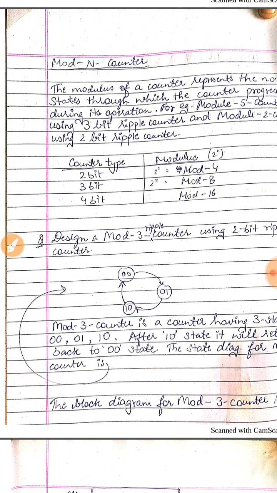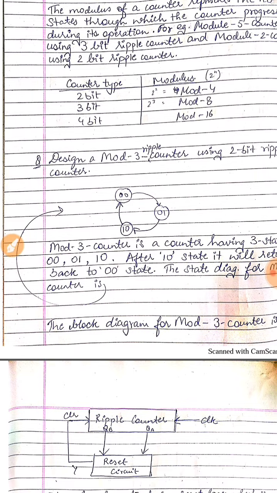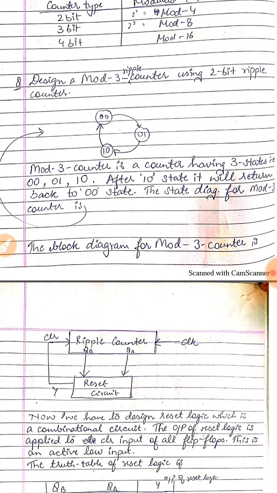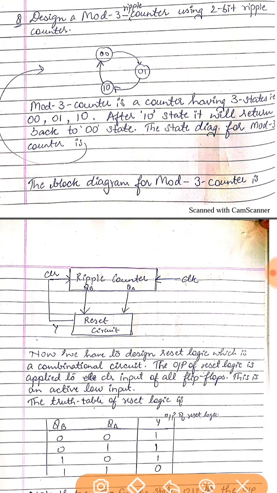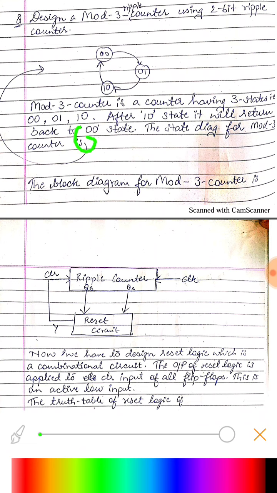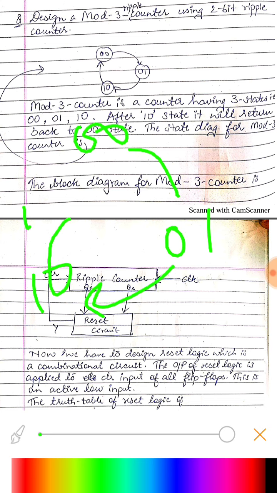So here let's start with a mod 3 ripple counter using a 2-bit ripple counter. Since we are using 2 bits, this circuit would count from 0 0 to 0 1 and then to 1 0, and then to 1 1.